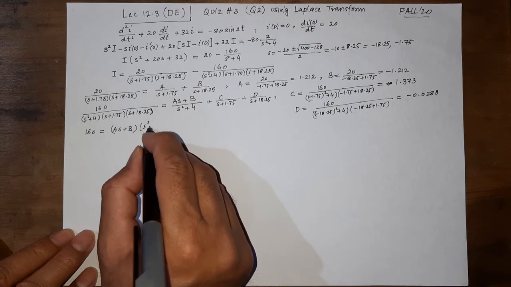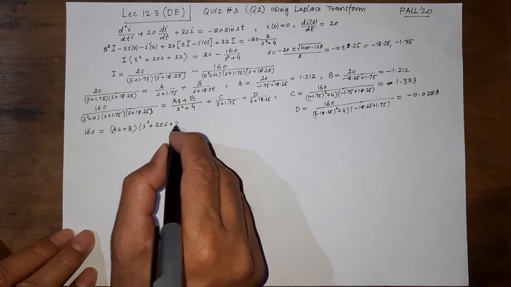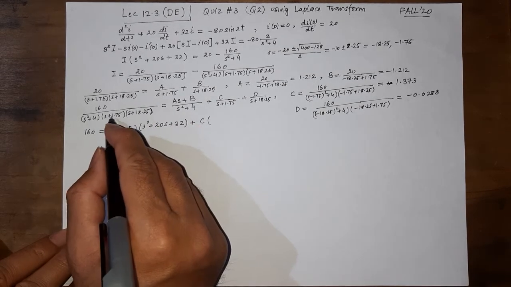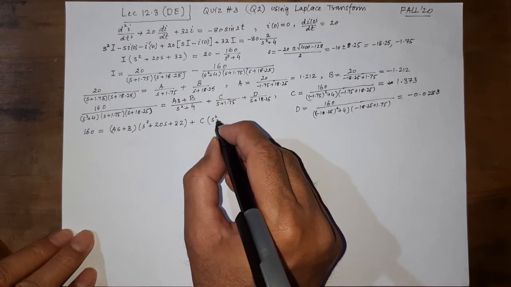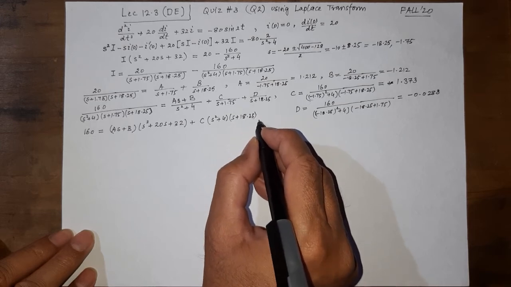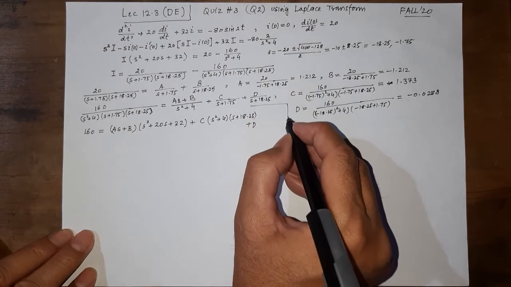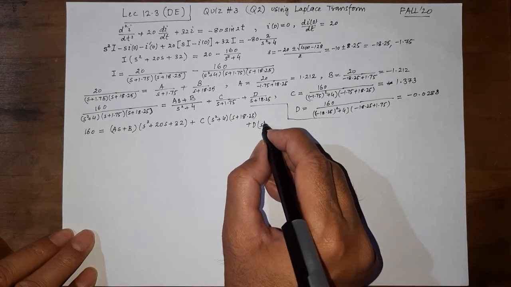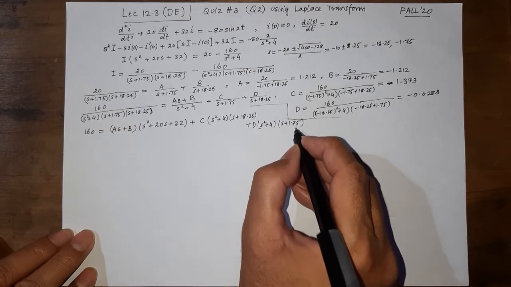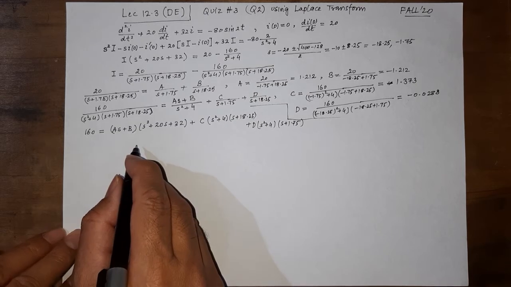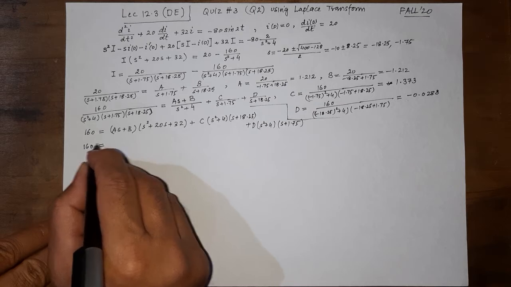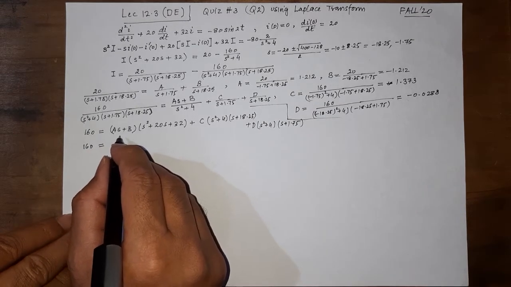So we get s square plus 20s plus 32, plus, with c we cancel this factor out and we get s square plus 4 and s plus 18.25, and with d we get s square plus 4 and s plus 1.75. So let us just multiply them. It's not difficult, but it's long, so that's no issue.